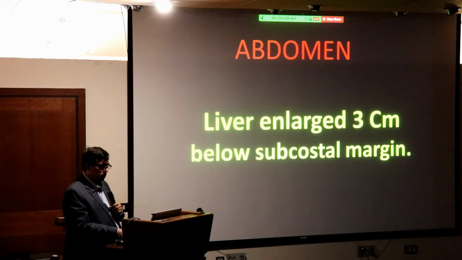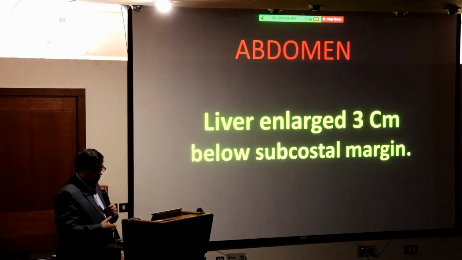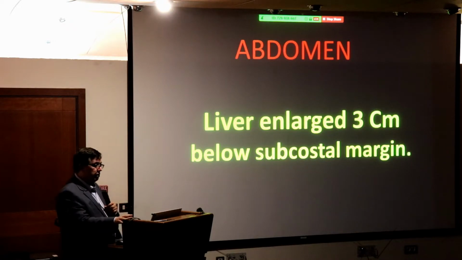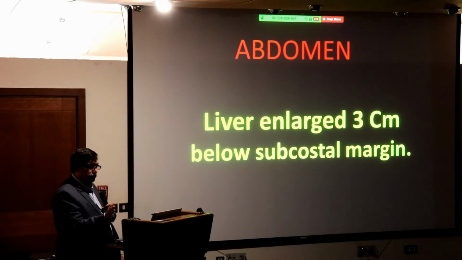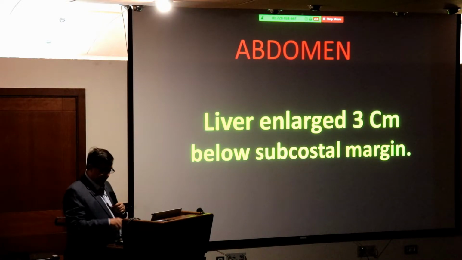Her liver was enlarged 3 centimeters below the subcostal margin. Of course, her spleen was removed; otherwise you would also feel it below the subcostal margin. Being a graduate of Egypt, I'm used to seeing a lot of hepatosplenomegaly due to bilharziasis, so we could tell just by putting a finger on the tummy.